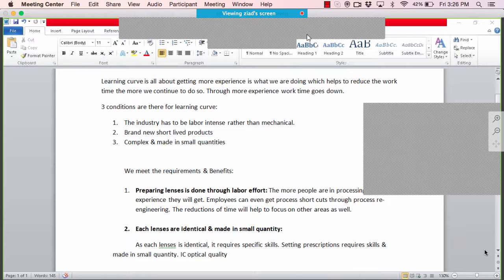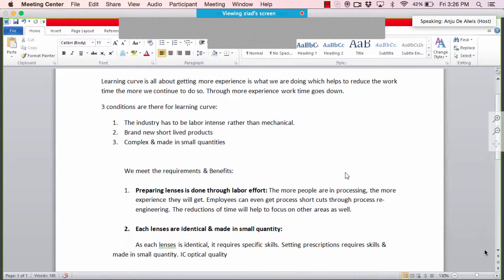Yeah, thank you. So the other thing that needs to be considered is the staff motivation, which I mentioned just now, as well as, if the staff has been there for some time, let's say a few years with you, they are not new staff, well, the effect of the learning curve is not that much, right? Unless they are moving from one job to the other at very frequent times.